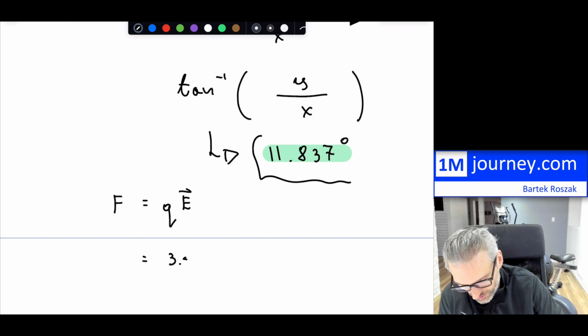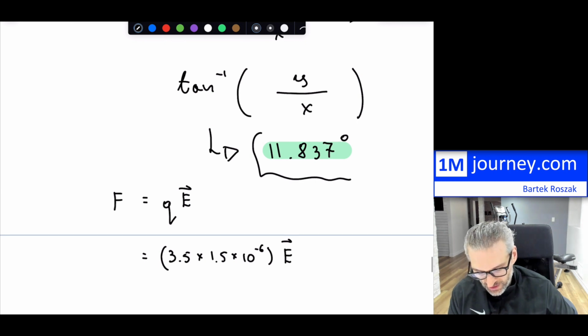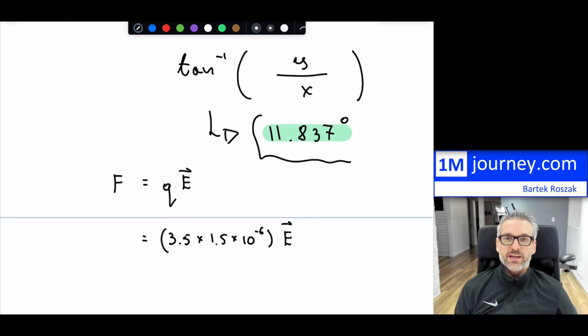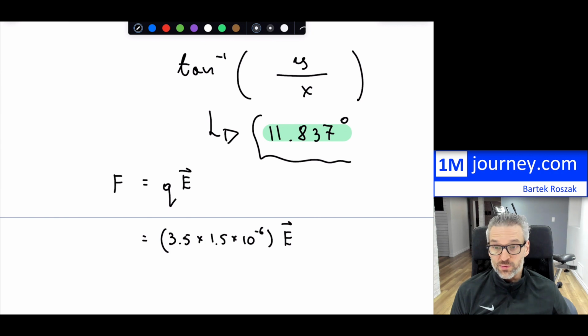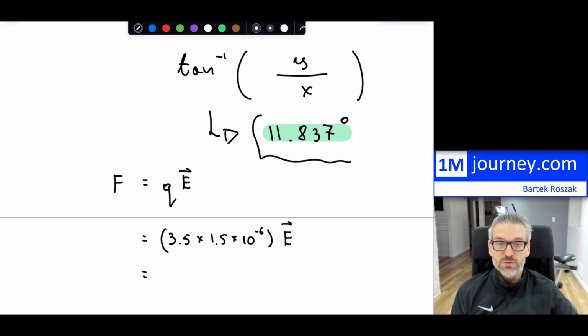So this is going to be 3.5 times 1.5 times 10 to the negative 6, times whatever the electric field is that is present there, right? So that's what we would have overall with respect to this. Okay, so I can certainly do this multiplication, and then let's see what the magnitude will be. The angle will not change.